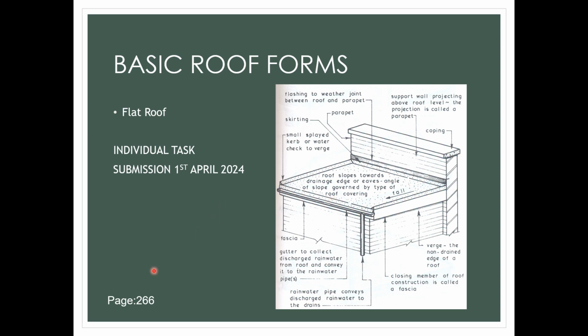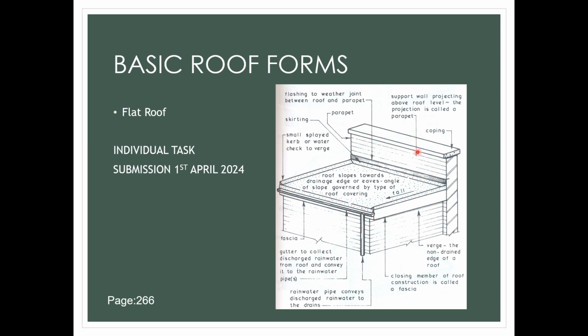Okay, this is an example of roof forms, the flat roof. You can refer to page 266 for details on the components of a flat roof. This is what we call the parapet, which is the edge of the building that connects with the roof.